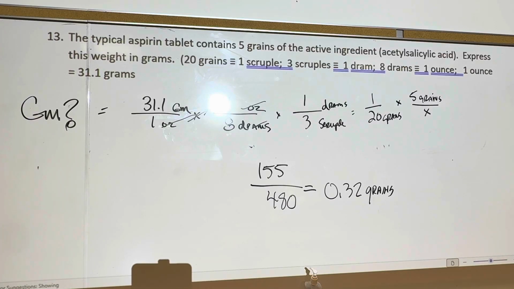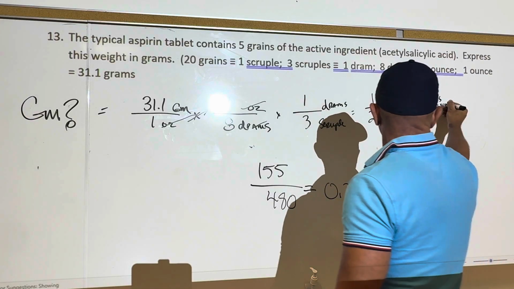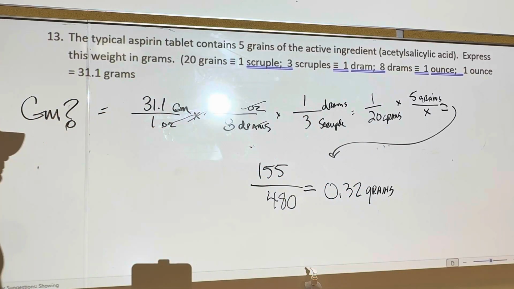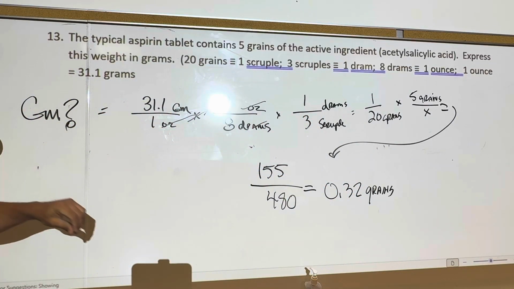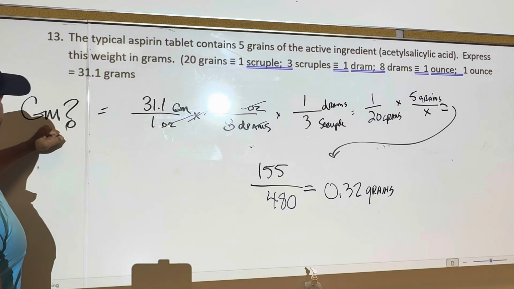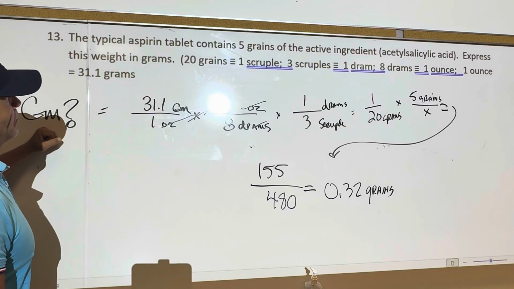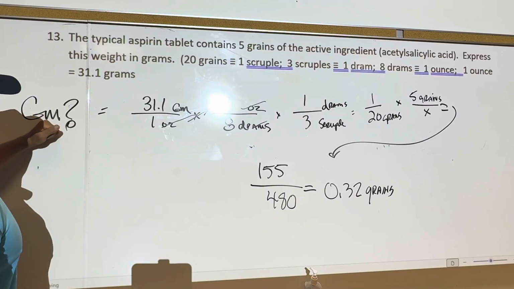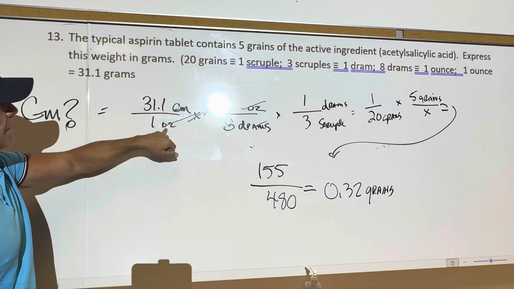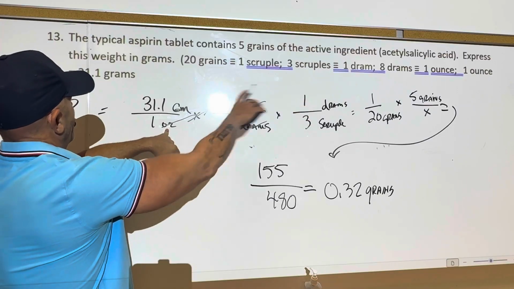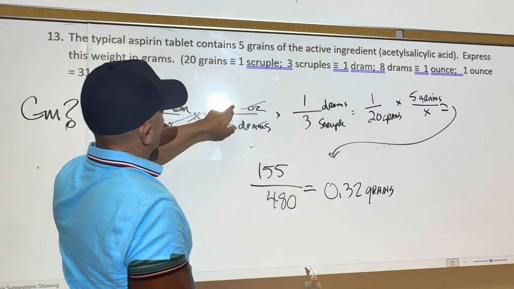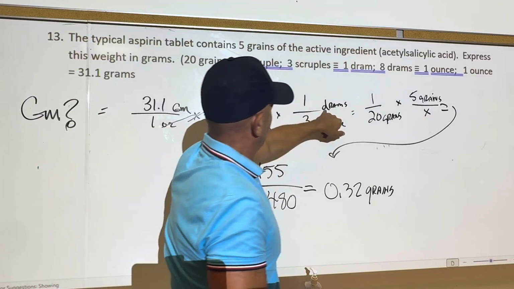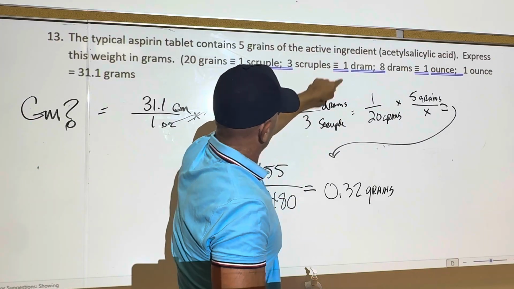Okay? So again, this is my equation here, see? All right? I just run it over so you guys can see it. So, again, we're looking for grains. Okay? I mean grams. So, we're looking for grams. So grams goes here. Then we know 31.1 grams equals 1 ounce. Then 1 ounce equals 8 drams. Drams goes up in here. 1 dram equals 3 scruples.